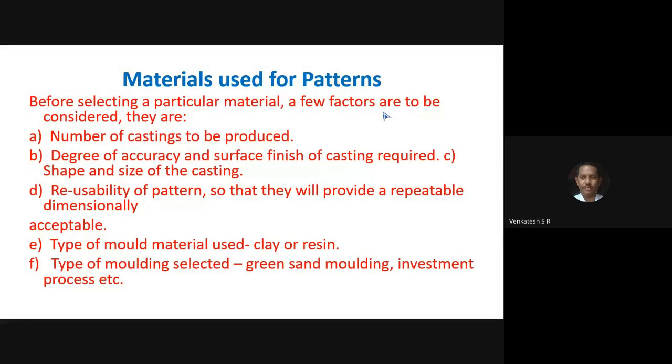Shrinkage allowance is nothing but the volume of the metal in liquid condition is more. Remember, whether it is ferrous or non-ferrous, the volume of the liquid metal is always more. You may have this question in a competitive examination. So for that reason, you have to compensate by providing shrinkage allowance in the casting.